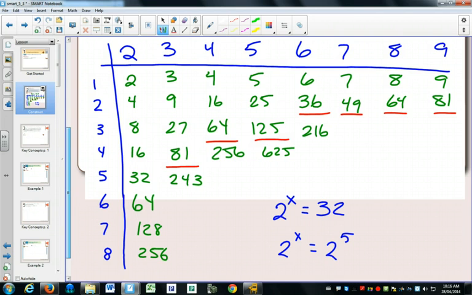And if I write both sides as powers of 2, it becomes obvious that if I have 2 to the power something equals 2 to the power something, then both those numbers in the red box have to be equal. That's the only way that equation can be equal. And then you could say to yourself, well, I know that x has to be 5. And that's what we're going to do in our first examples. So we'll go to example 1.